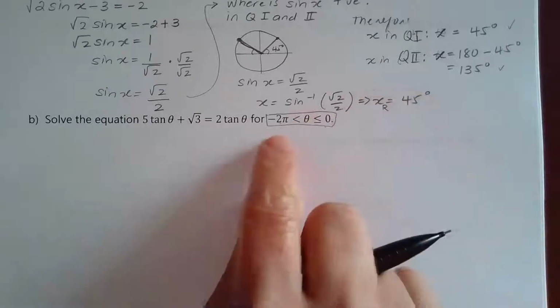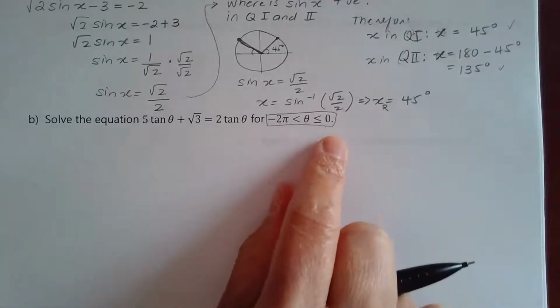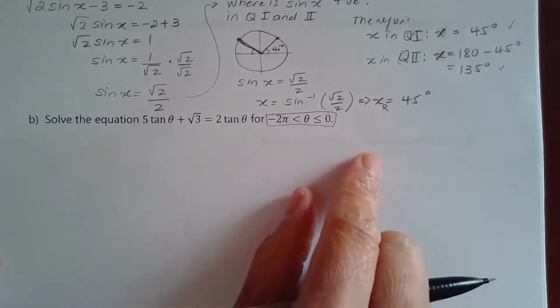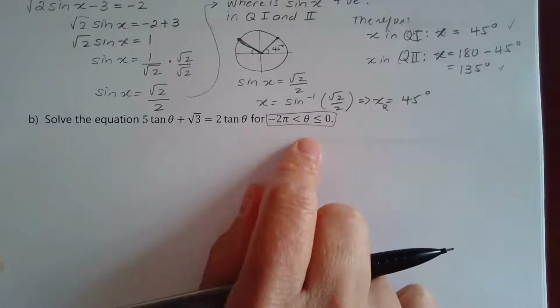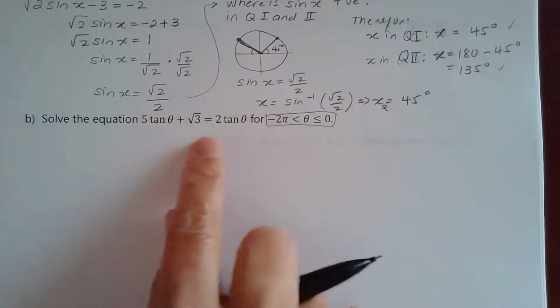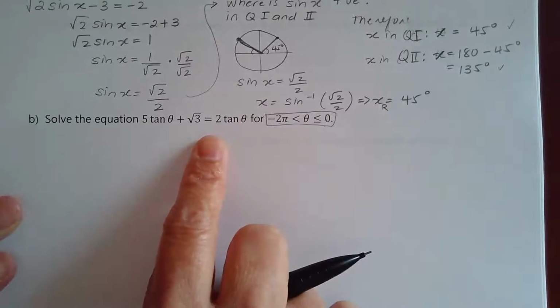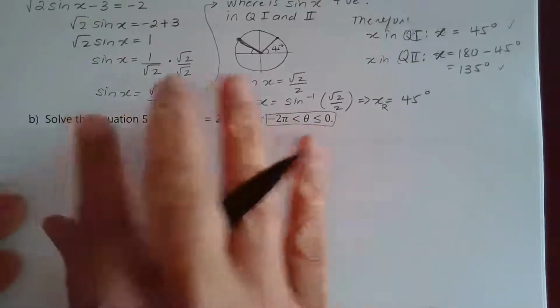Remember, the negative angle means it's rotating in the clockwise direction. So let's keep that in mind as well. What we're going to do is isolate theta and find the angle within this domain.